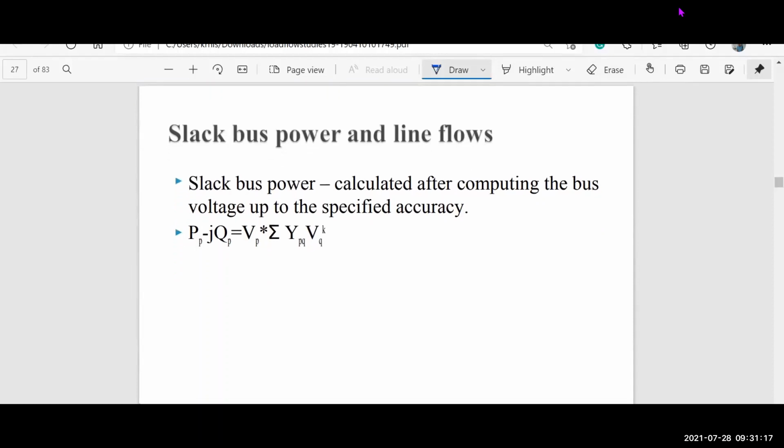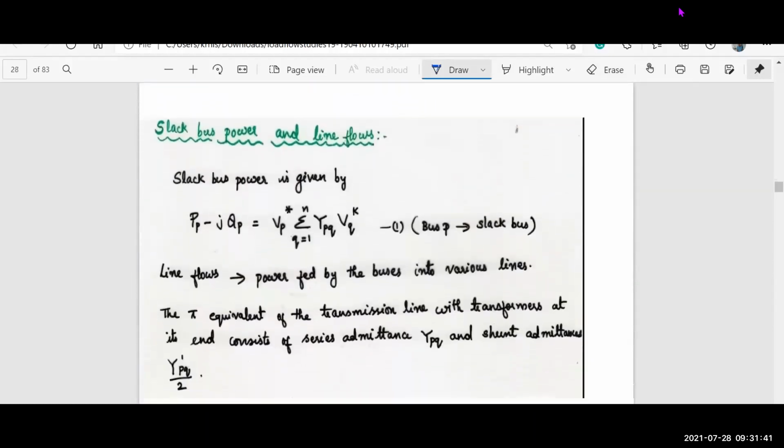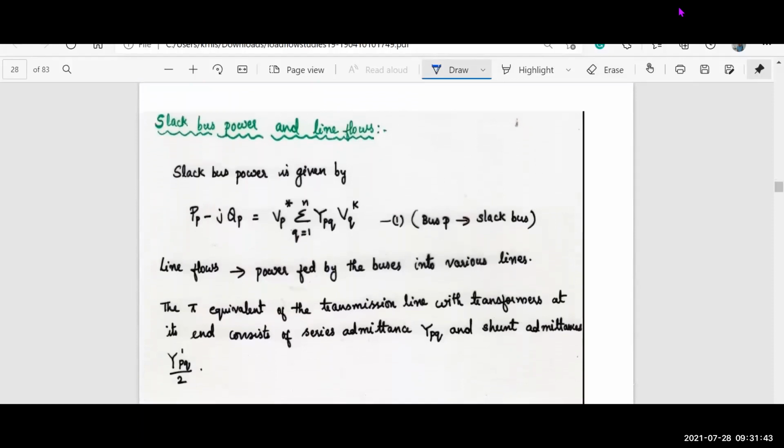Slack bus power and line flow. Slack bus power is calculated after computing the bus voltage up to the specified accuracy. So your P minus jQ would be your V_p conjugate times the summation of Y_pq V_q. So this is the slack bus calculation. Slack bus power is given by this equation for bus p.